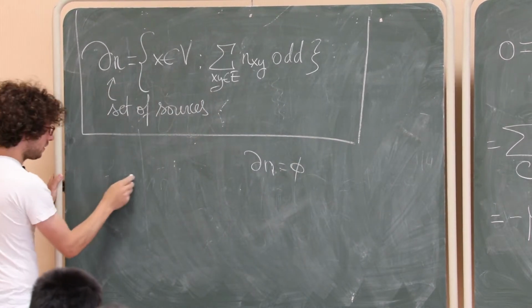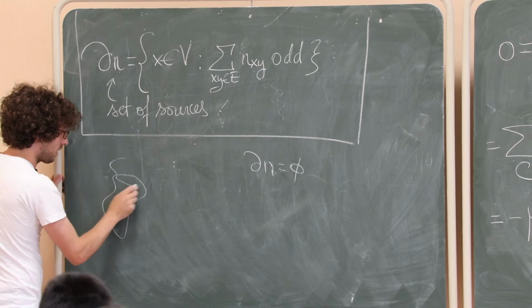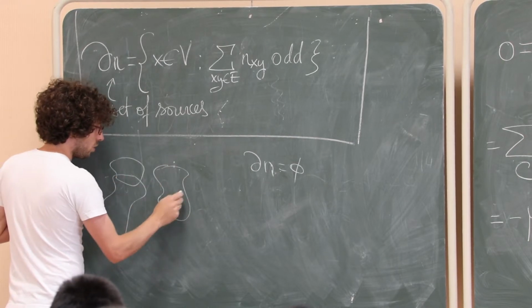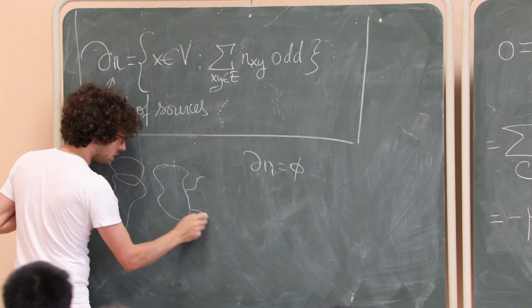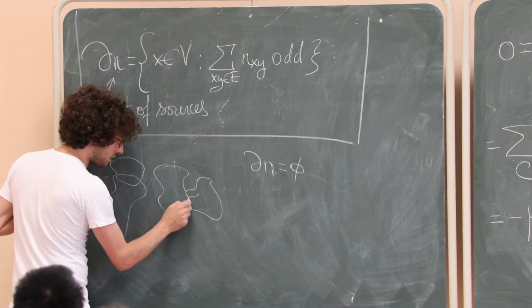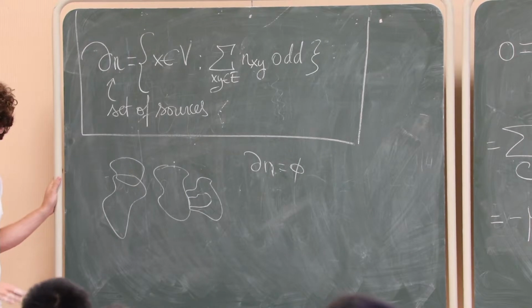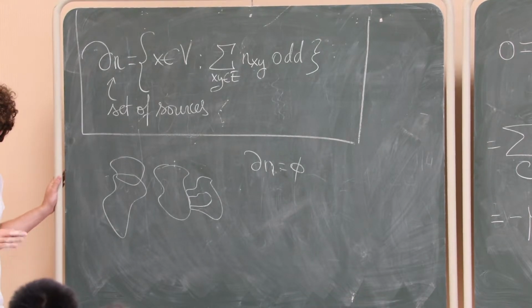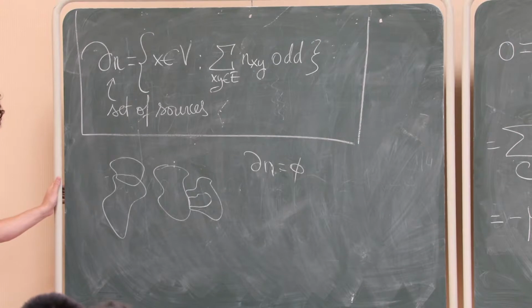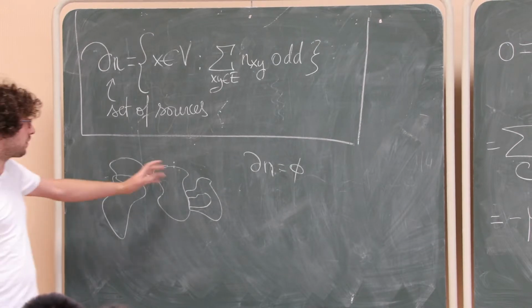Then it can be written as a union of loops that can pass through the same edge several times, and n_xy will just be the number of times a loop is passing through this edge. Okay? It's an equivalence.